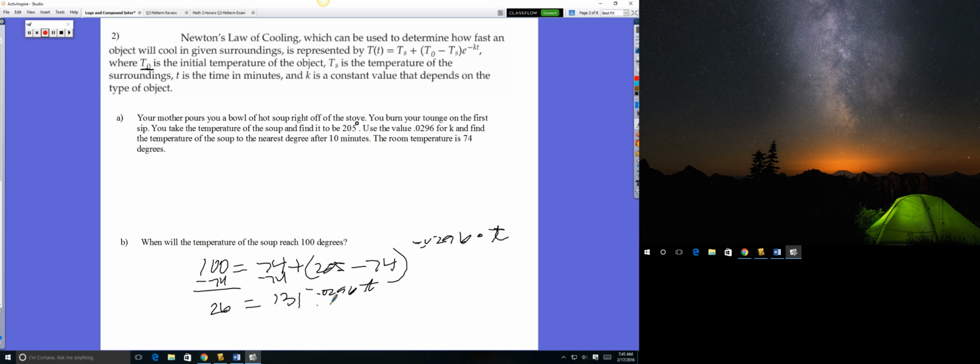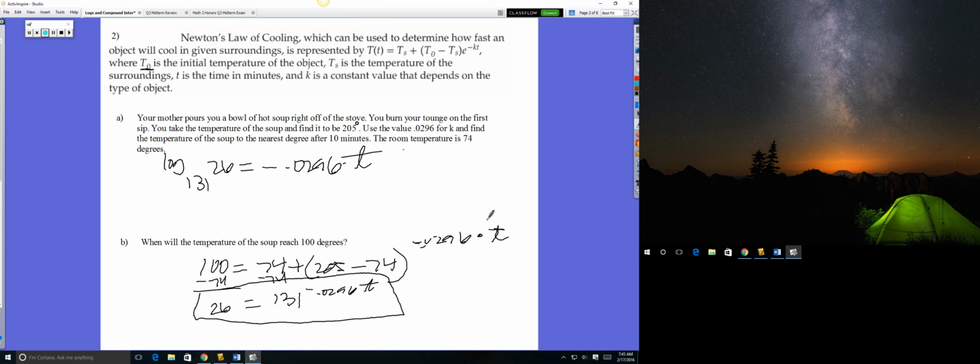So now I need to get t by itself, but t is hanging out with this negative 0.0296, and t is hanging out with 131, and 131 is the base of an exponent. And the only way you can undo exponents is logs. So right now, I've got to take this and morph it to a log. So it is going to be log in base 131 of 26, and that equals negative 0.0296 times t.